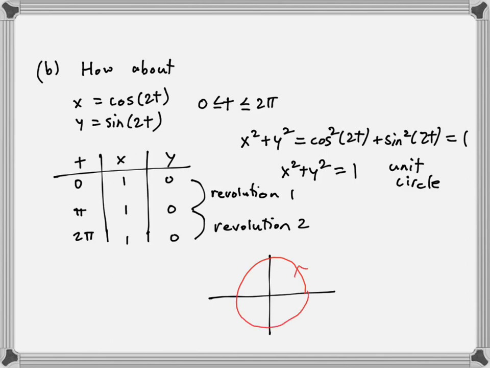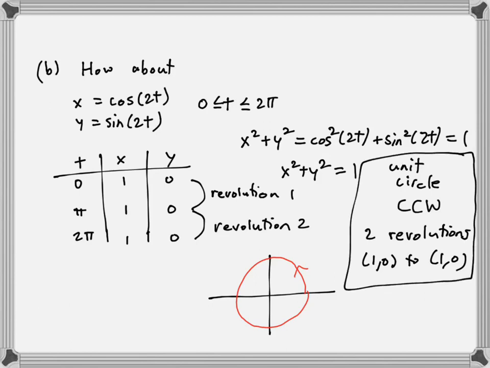So we're going counterclockwise, 2 revolutions from 1, 0 to 1, 0. We go around twice, so you could specify it like this if you wanted and draw another circle close by, just to sort of reiterate that we're going around 2 times. You don't need to do that though, as long as you write it down that this is 2 revolutions, unit circle.